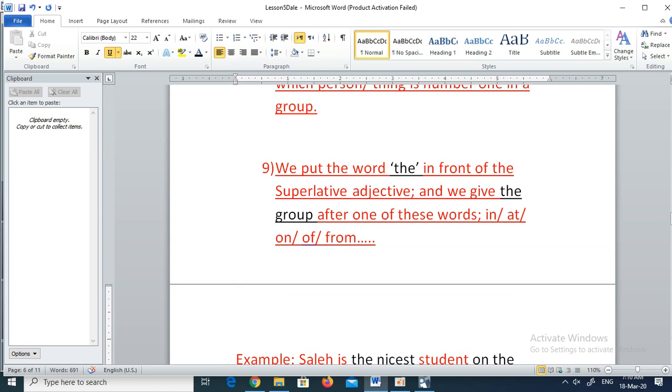To give us some examples of superlative adjective forms.